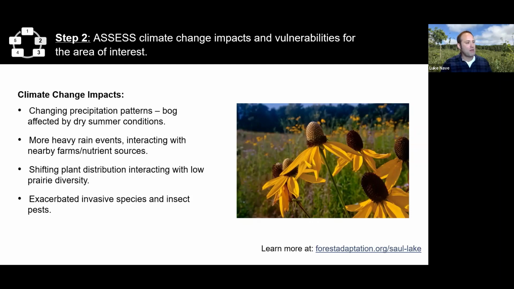Another particular climate change impact they identified was changes to plant species distributions, or perhaps the northward movement of invasive species, and how that could interact with a relatively low existing diversity of native prairie species in the prairie cover type. And the final climate change impact they identified for this project area was that existing invasive species and insects will likely become worse.